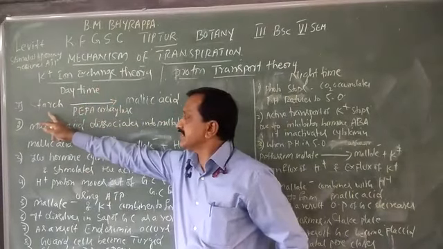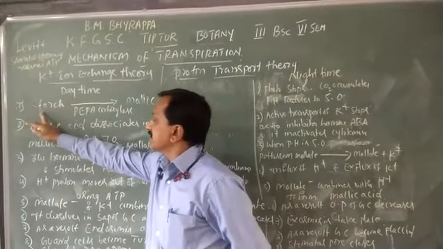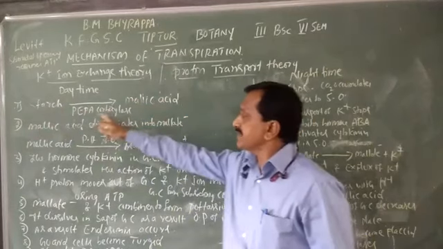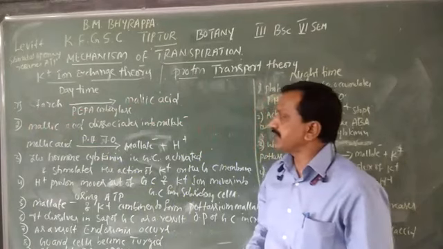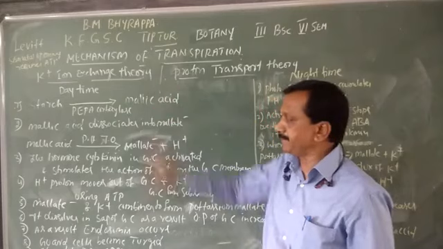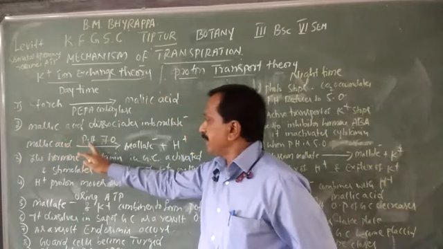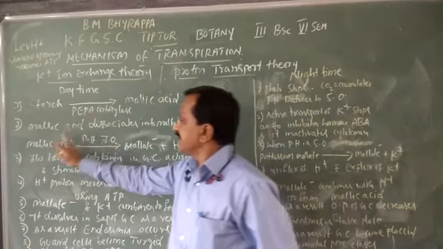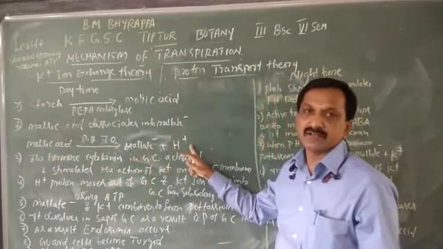During photosynthesis, starch is prepared, and the starch gets converted into malic acid in the presence of an enzyme, PEP carboxylase, phosphoenol pyruvic acid carboxylase enzyme. Malic acid is synthesized during daytime. When the pH of the guard cell is more than 7, the malic acid dissociates into malate minus ion and H plus proton.